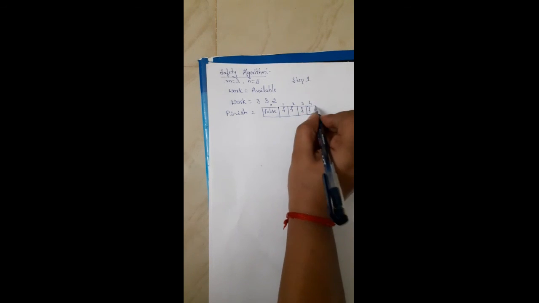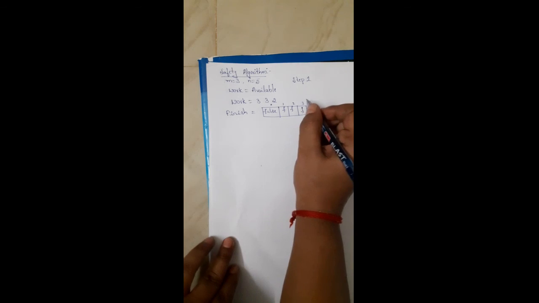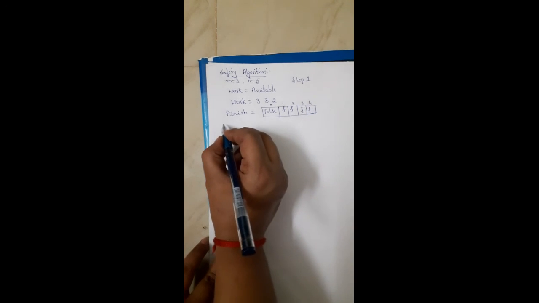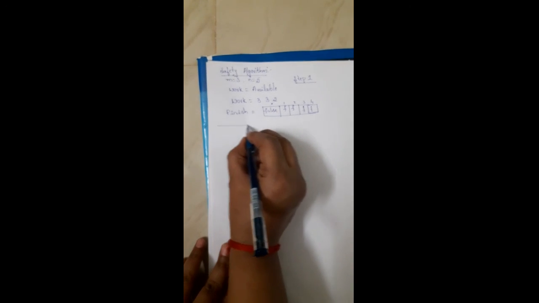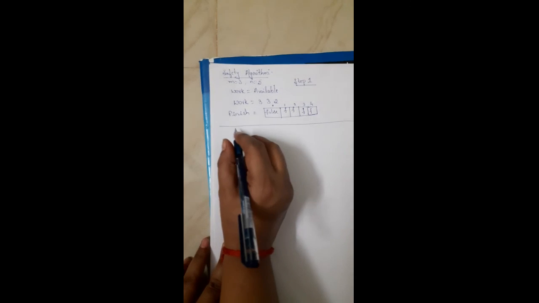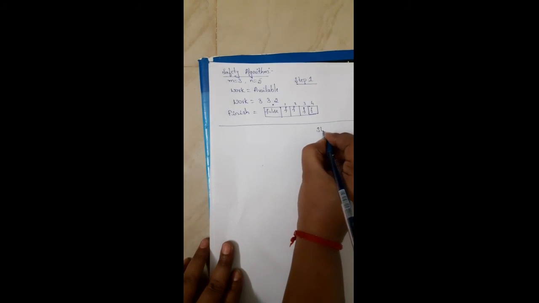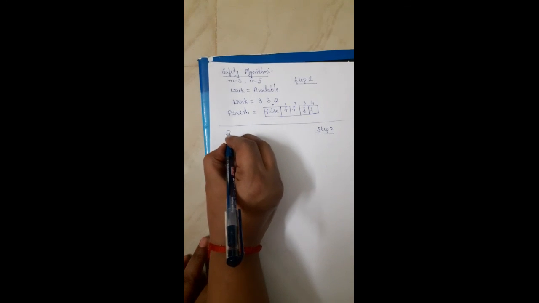So for all 5 processes we are initializing it to false. Okay, this was step number 1. Now we will move to step number 2.